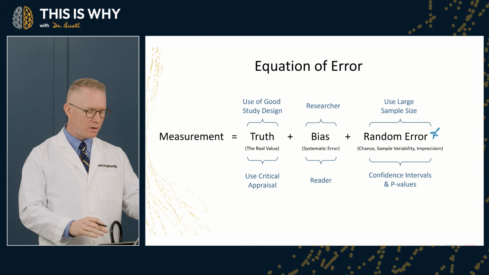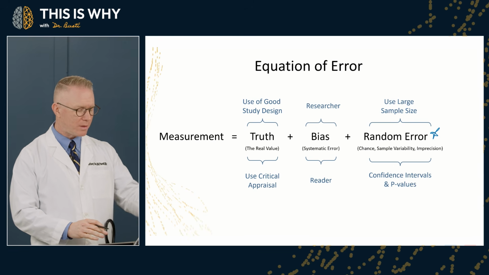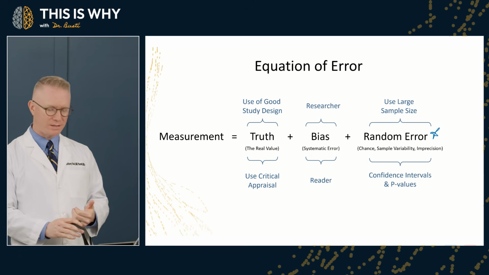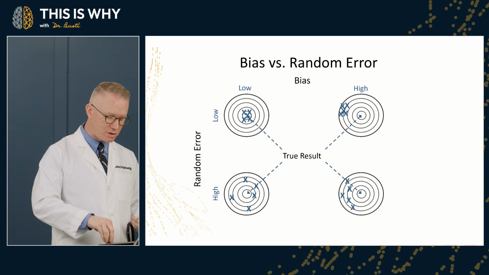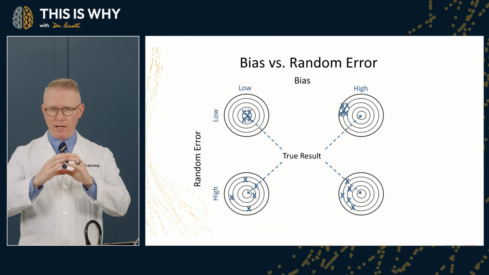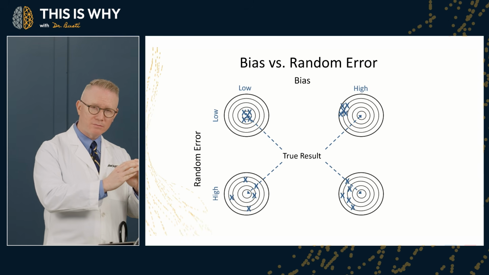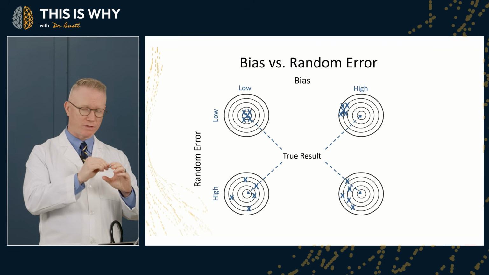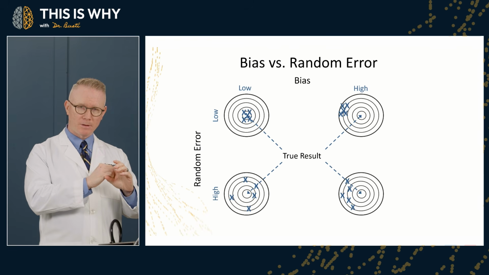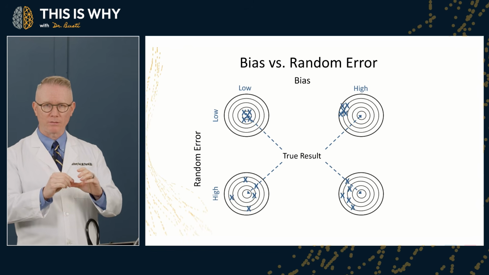We have truth, we have the potential risk for bias being introduced by the researcher, and then we have the random error itself that can occur. And so when you look at those, again, the target of precision, remember it's reproducible. It might be inaccurate, but it's reproducible. It's always inaccurate. All right? We obviously want precision with accuracy.